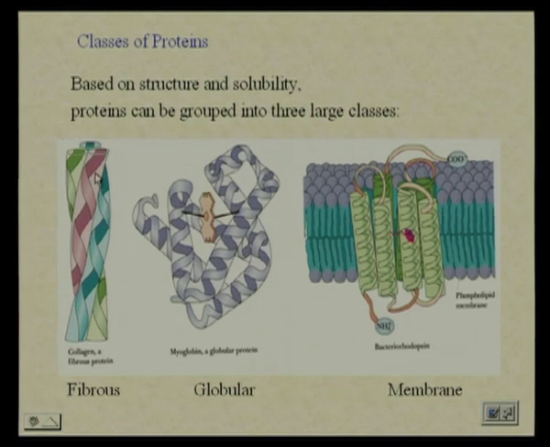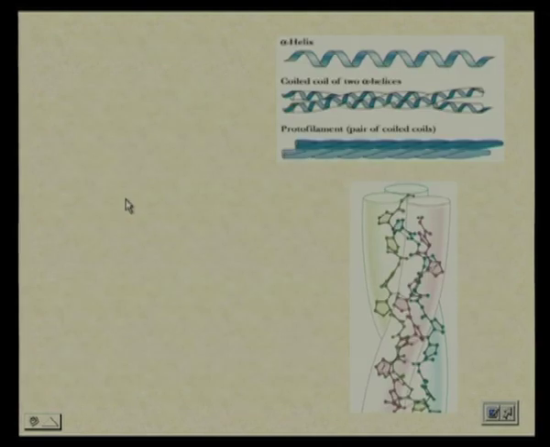There is another class of proteins that are fibrous proteins. From the name, you can figure out what the construction of it is going to be. They are more or less fibers, okay? And they are adapted to give strength to the structure of the protein.